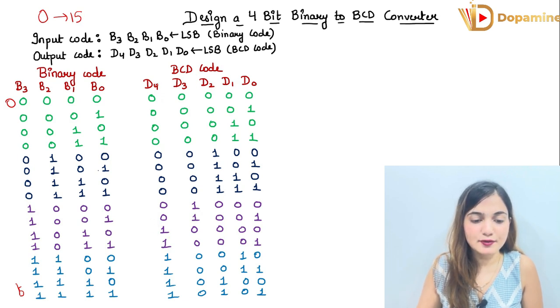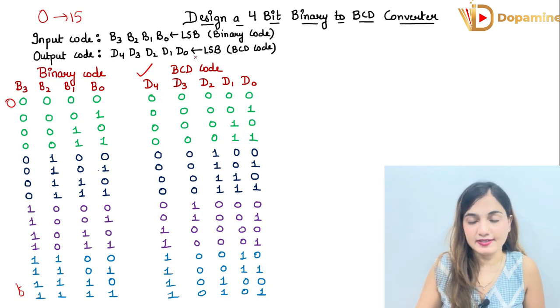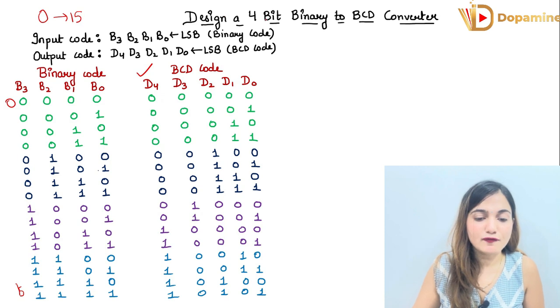So in the BCD code you have D4, D3, D2, D1, D0. You have 5 bits in the output code rather than 4 bits in the input. So if you have 4-bit binary, you will get the corresponding 5-bit BCD.